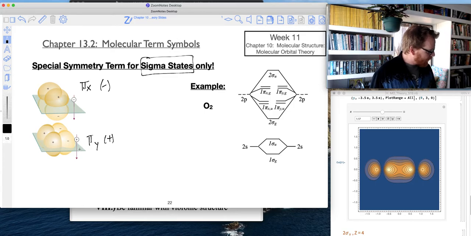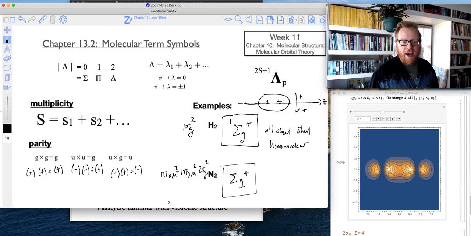So if we look at nitrogen and how we get to that, remembering that we have a whole mess of this stuff, when I break apart my 1 pi x u, both of those are negative, so a negative times a negative makes a positive.